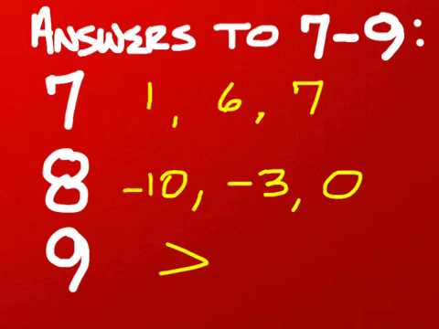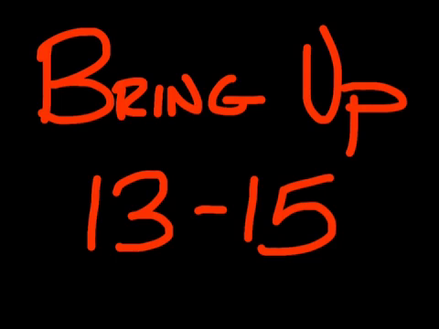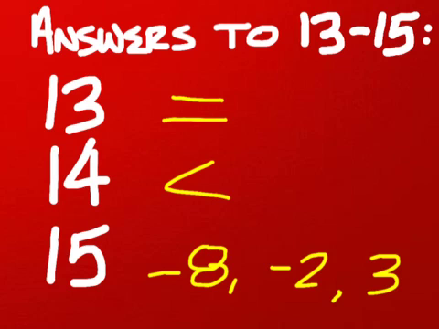Bring up 7 through 9. If you have the answers to all 3 of them correct, then come up and get 3 million. Bring up 10 through 12. If you have all 3 right, come up and get 3 million. Bring up 13 through 15. If you have all 3 of them correct, come and get 3 million.